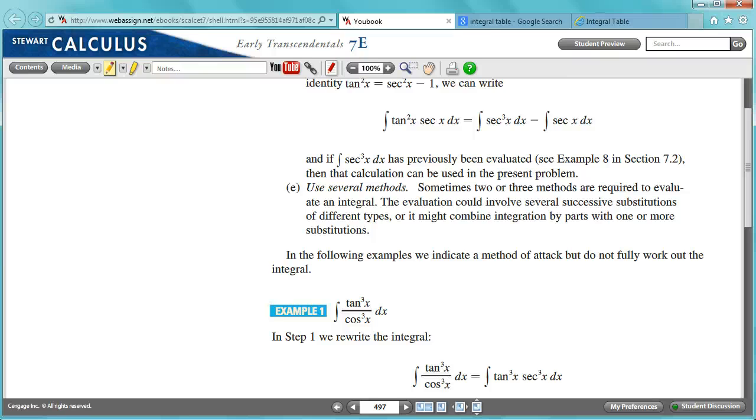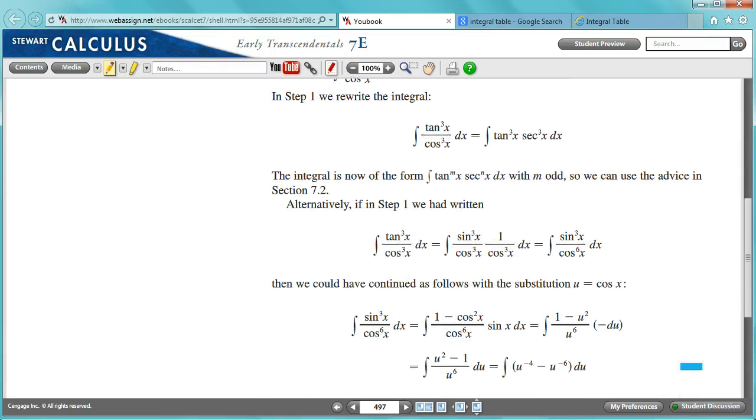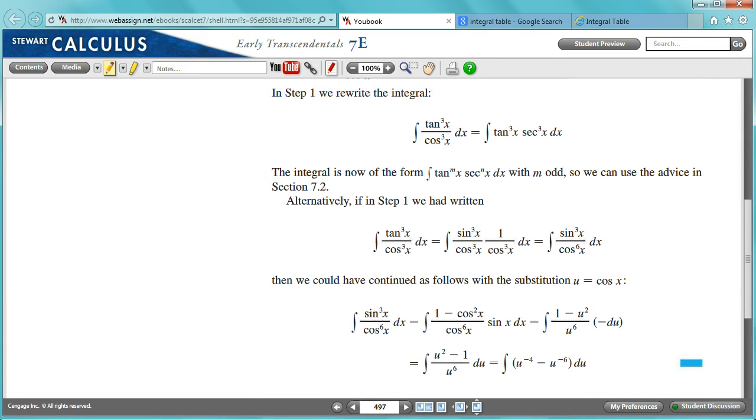And what did we do in section 7.2? The tangent has odd power, so the substitution y equal to secant of x will do the job. If you don't see that, or if you don't like that, there's an alternative method using sine and cosine, which is given here in this textbook. Personally, I don't like it, so you don't really have to bother.